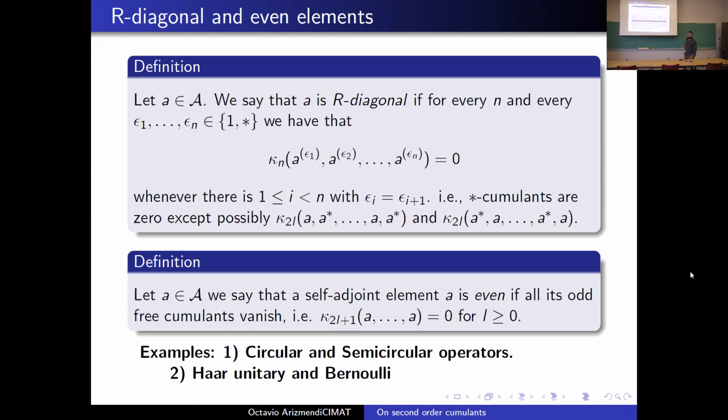Okay, and in that case, you mean the distribution would be like the whole... Yeah, the distribution of this, the Brown measure of the circular element is a disk, and it's related to this circular law.